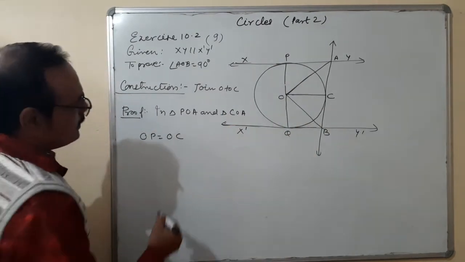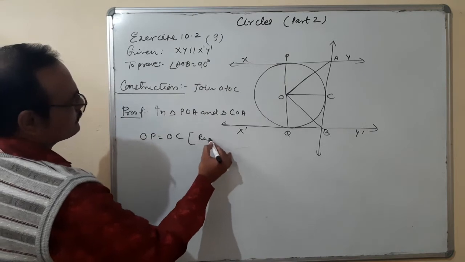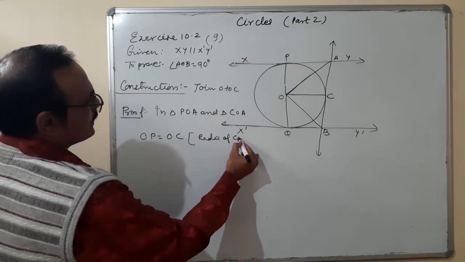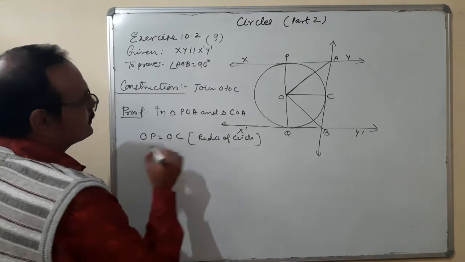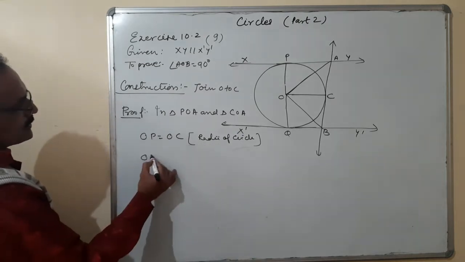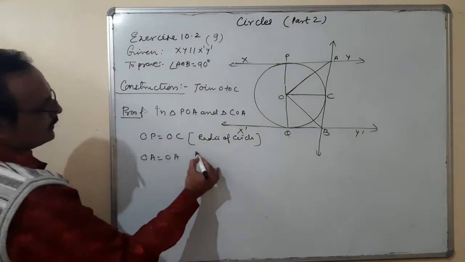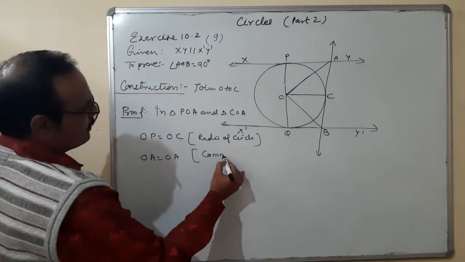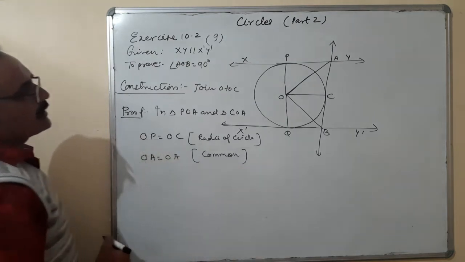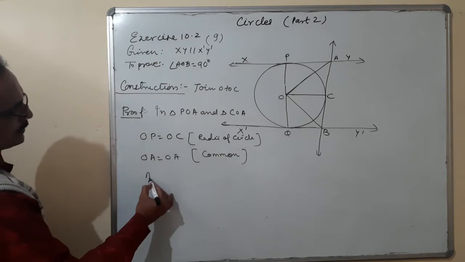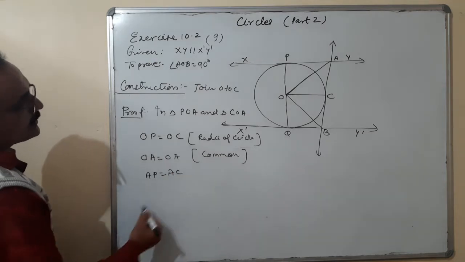What is the reason? Radii of a circle are always equal. That is one. Second, OA is equal to OA, common. And third one is AP is equal to AC. How is it?